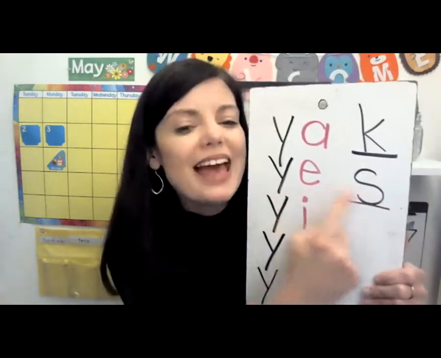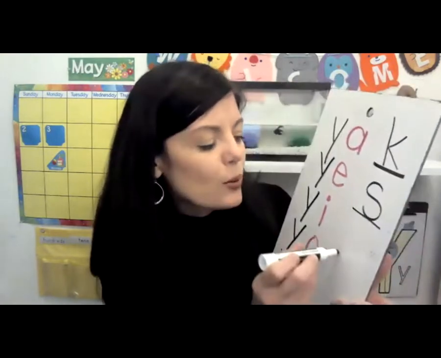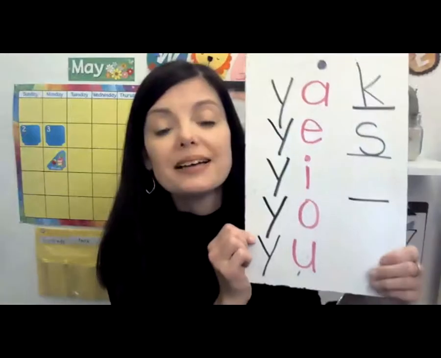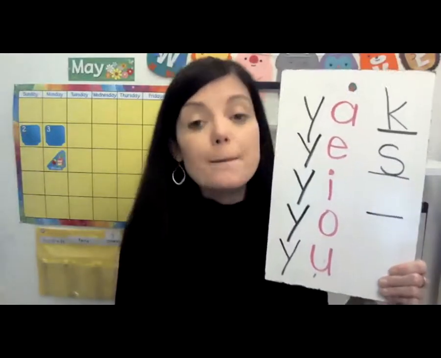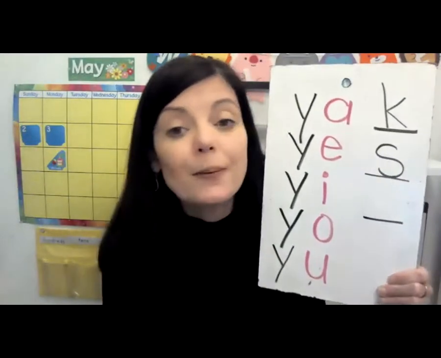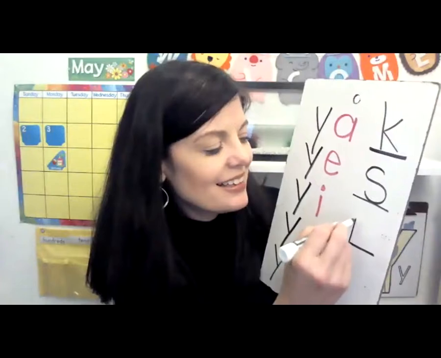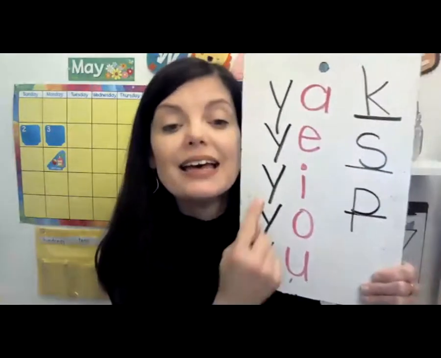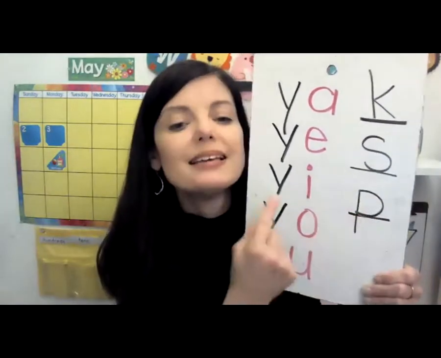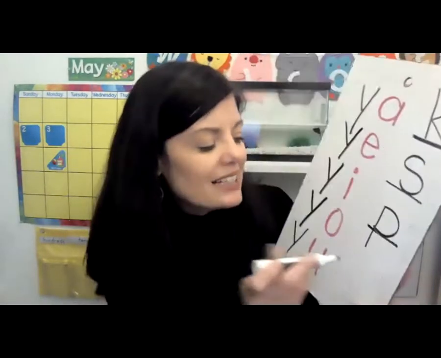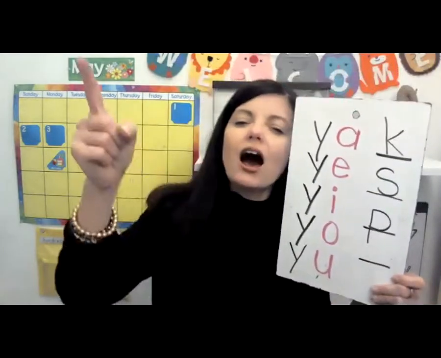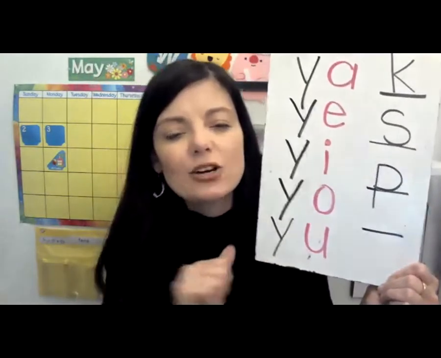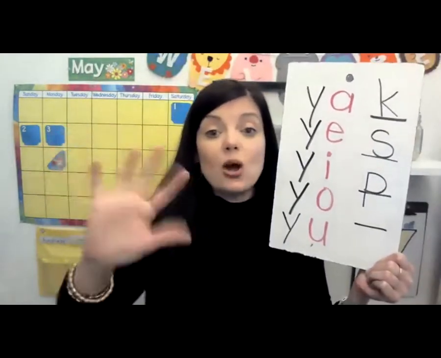Yes, yes. The next one, I want to say yip. So what letter says p, p, p, like popcorn? That's the letter P. Yip, yip. The next one, I want to say yawn. So what letter says n, n, n, as in no?